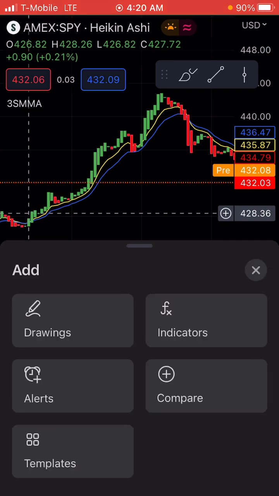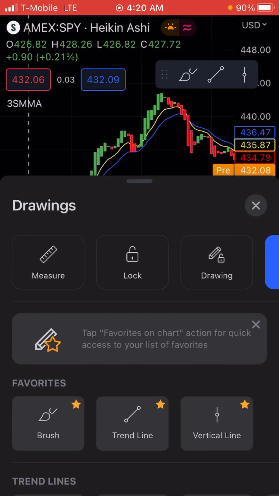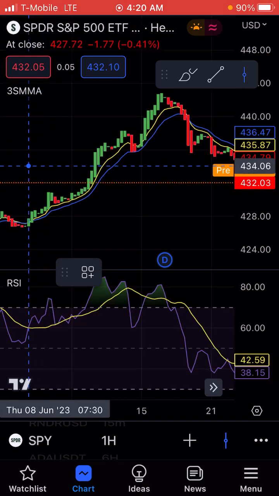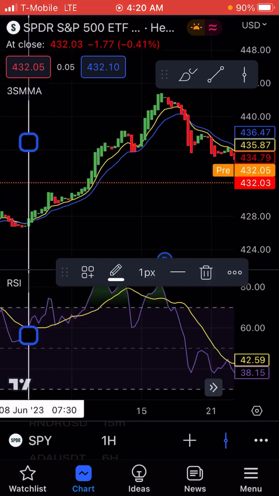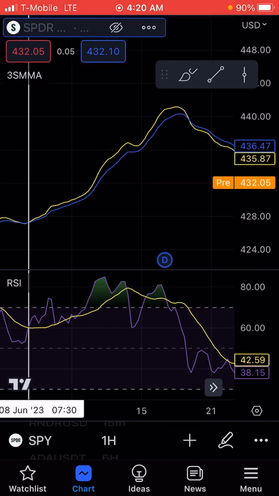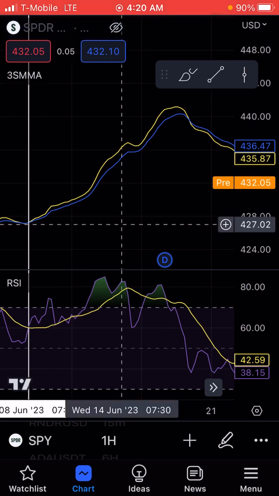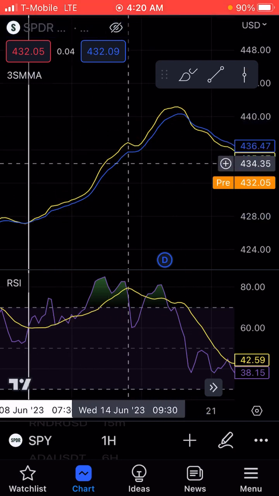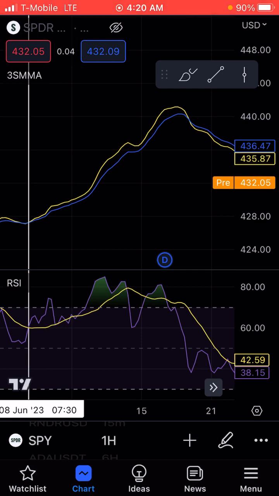Let's draw a vertical line right there. We see it crossing right here. And we want to double check the lines and the moving averages, and it crosses in that direction from here to here, so you know that's a good trade.